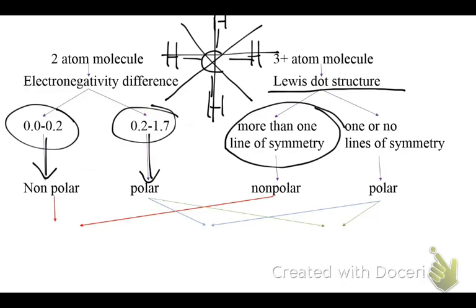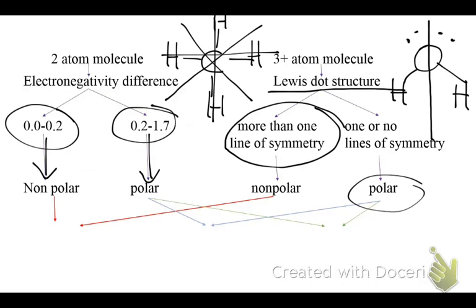I don't just have one, I have plenty. However, for a polar molecule, let's look at water. How many lines of symmetry do I have? I only have one. I can't cross it any other way. It's the same if you have no line of symmetry. Some molecules you can't even put any line through. Those molecules will always be polar.